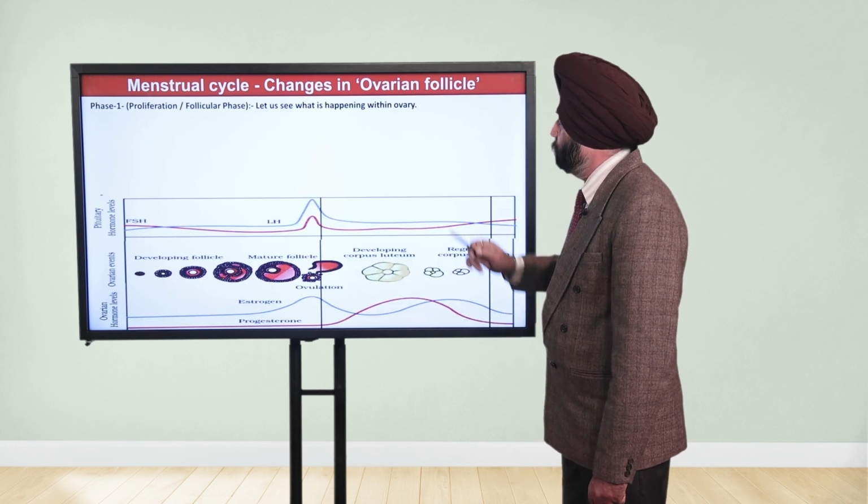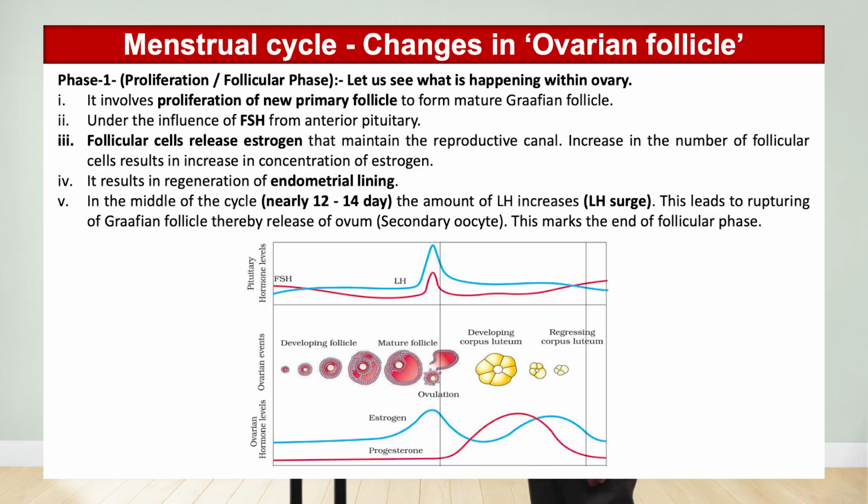Let's go to the ovarian follicles. Let us see what happens in the ovary during this time. It involves the proliferation of the primary follicle to form the mature follicle. This is under the influence of follicle stimulating hormone, that is from pituitary.